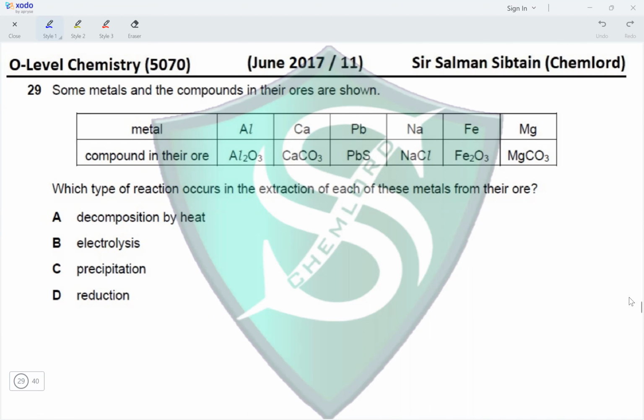The options are decomposition by heat, no. Then we have electrolysis, all of them will not undergo electrolysis. We have precipitation, all of them will not undergo precipitation. Reduction, yes, all of them will be reduced. Therefore, option D is the correct option for this question.